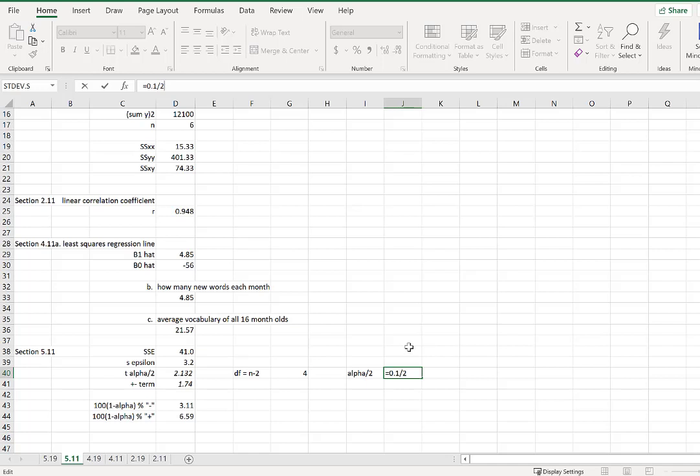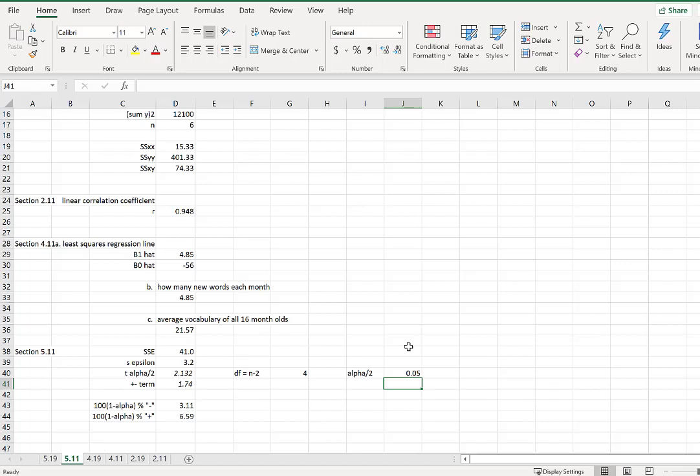Then I looked at the formula I had written previously, where we've got the beta 1 hat plus or minus this thing, which I called the plus or minus term. The plus or minus term is the value of our t distribution at alpha over 2 with the degrees of freedom noted, times the sample standard deviation of errors, SE, divided by the square root of our sum of the squares of the x's. So that's what our plus or minus is going to be.